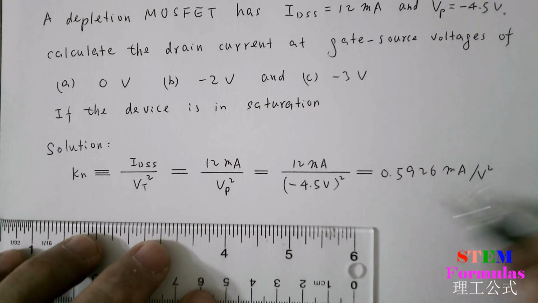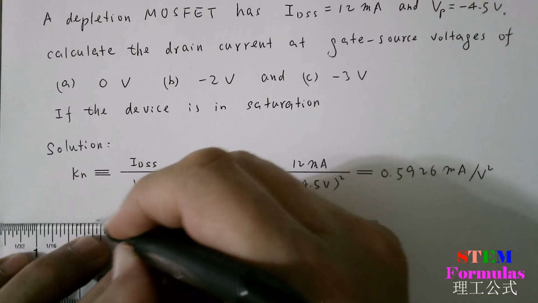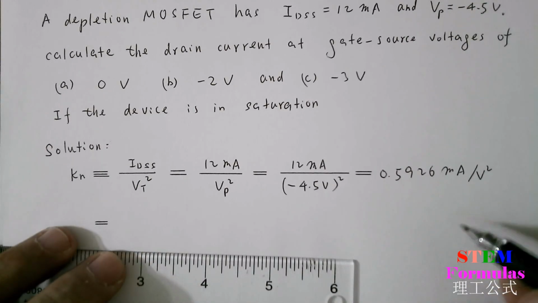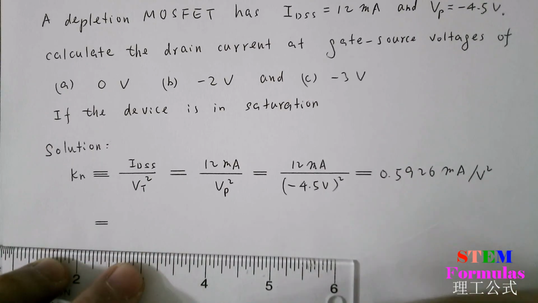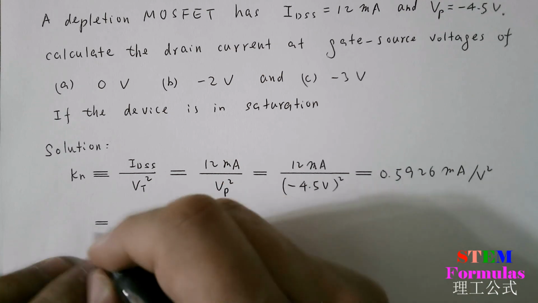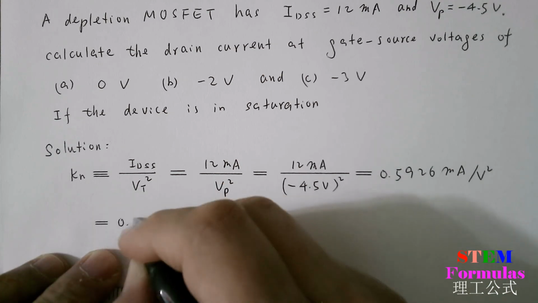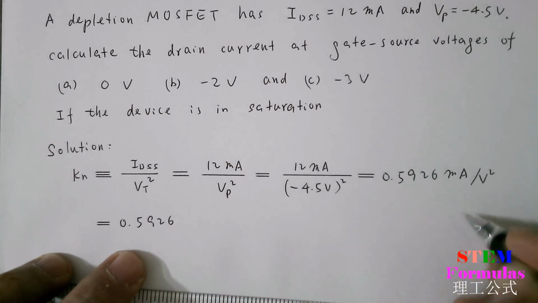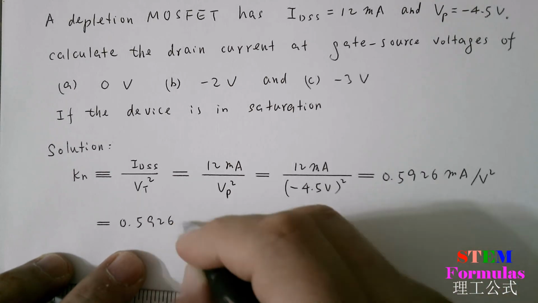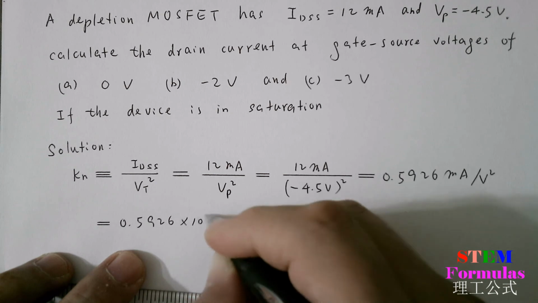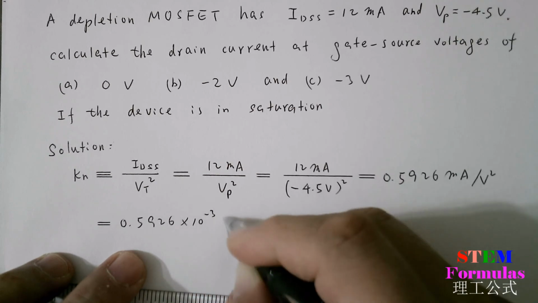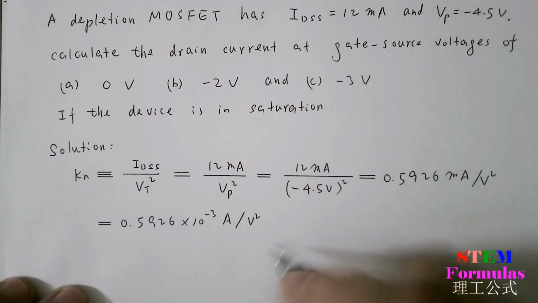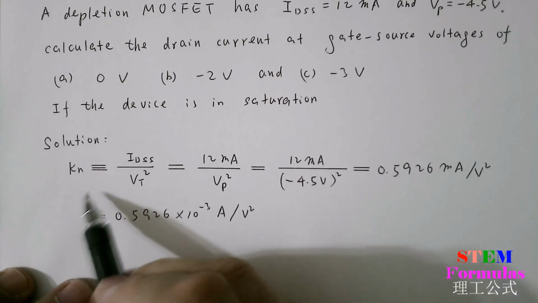And in our formula, in our Matlab code, we always use SI units. So I need to change milliamp to amp: 0.5926 times 10 to the minus 3 amp per V square. So we have the Kn.